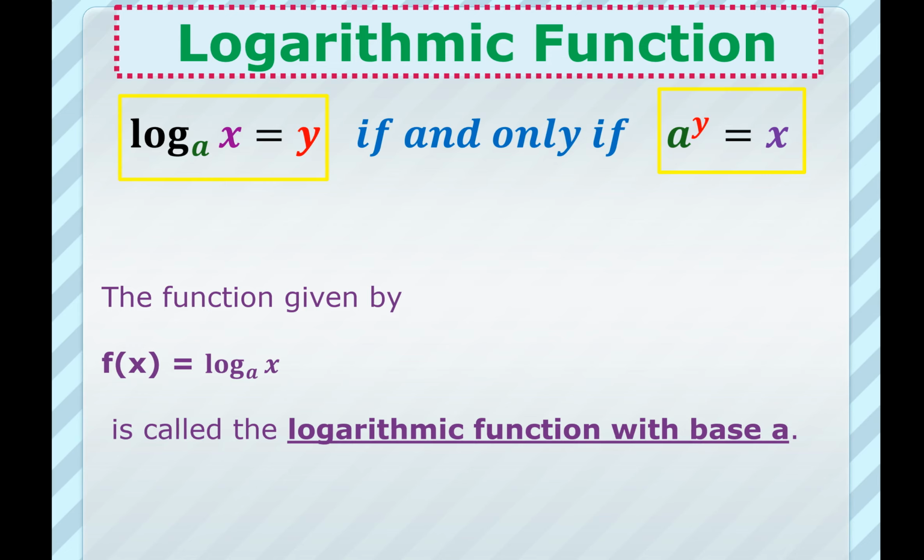It looks similar to what we talked about yesterday. Remember, we had yesterday y equals a to the x. That was an exponential function. So here, the log function can be rewritten as a to the y equals x. So notice that x and y are swapped.